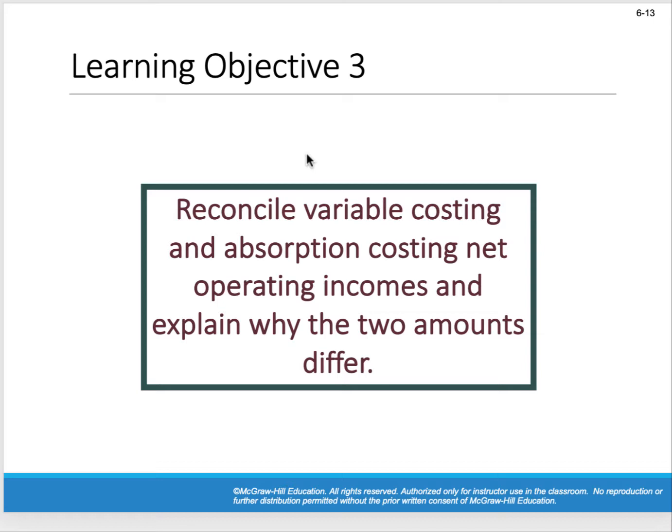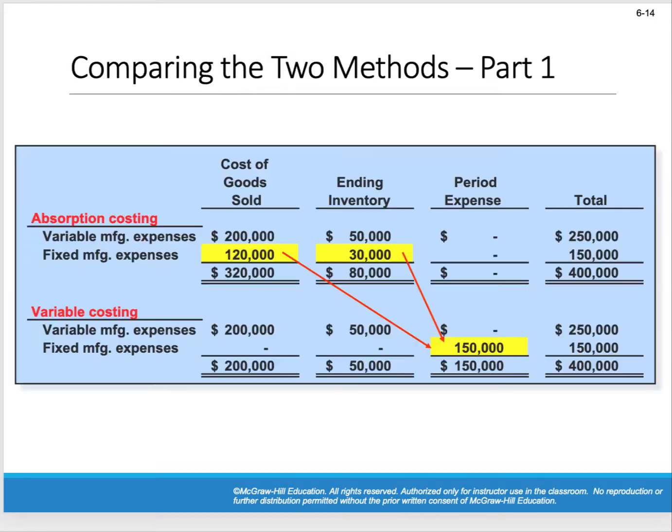So let's jump in here and get a look at why we do what we do. We're comparing the two methods here, looking at our cost of goods sold. I'm hoping this looks familiar, because it is the numbers that we used from the previous video when we put together the income statements.